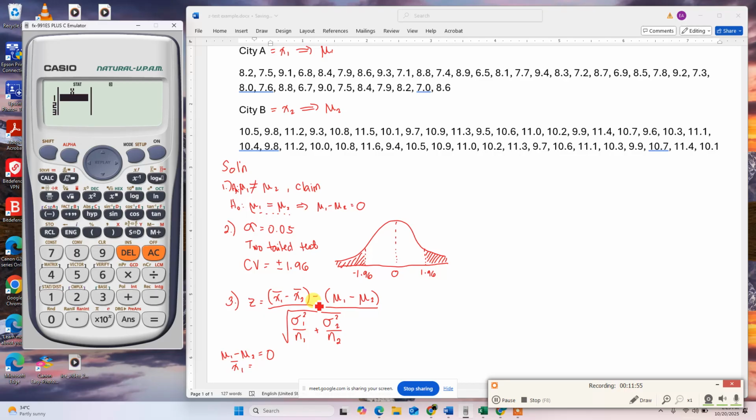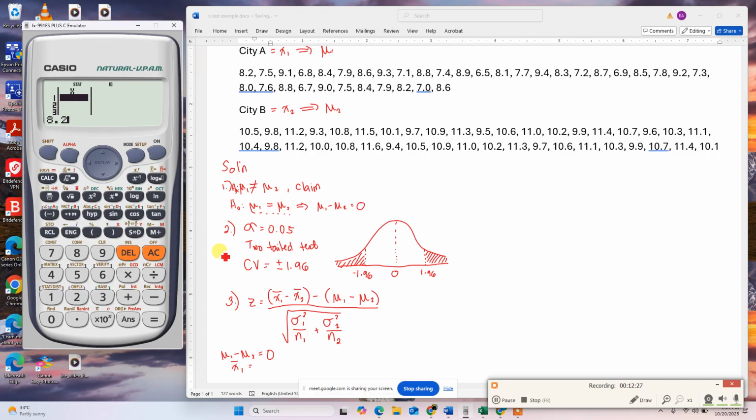Again, mode SD, and then you type the numbers. For example, if you have 8.2, you type 8.2 then M plus. If your calculator has the same interface as mine on the screen, you just type the number.